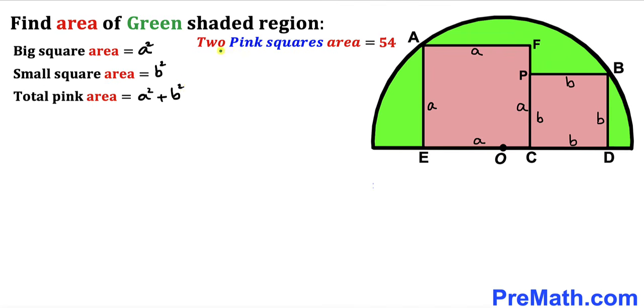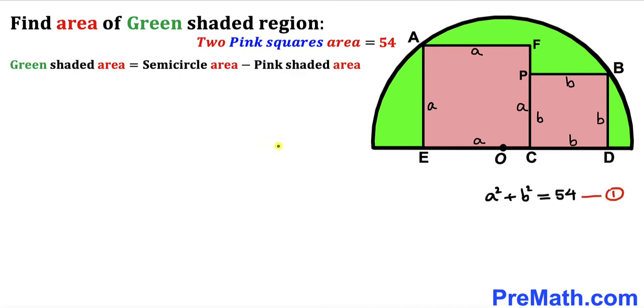And we know that this total pink square area has been given to us as 54. So I am going to substitute 54 on the left hand side, and we can write this equation as a squared plus b squared equals 54. I'm going to label this our equation number 1.